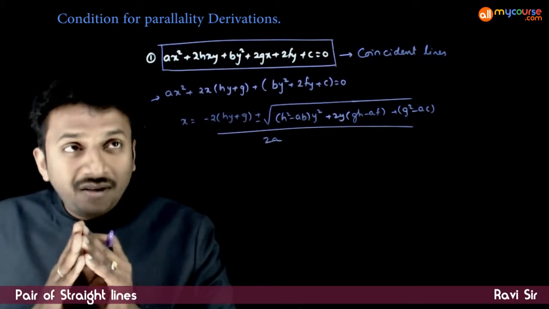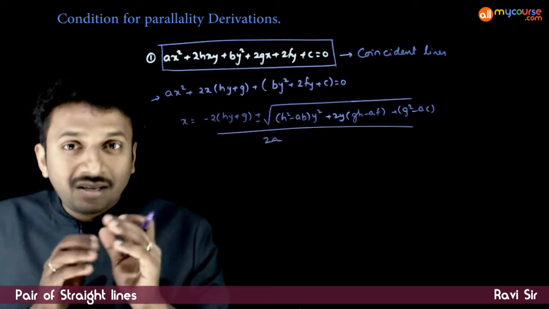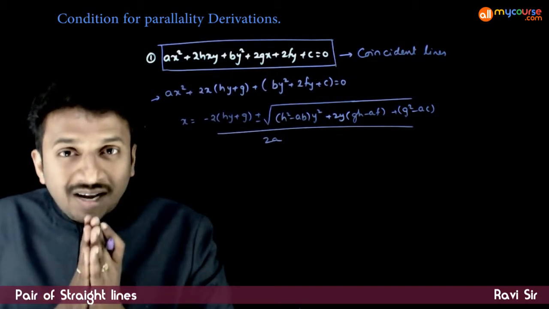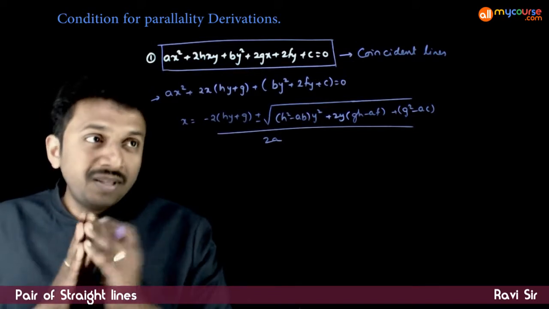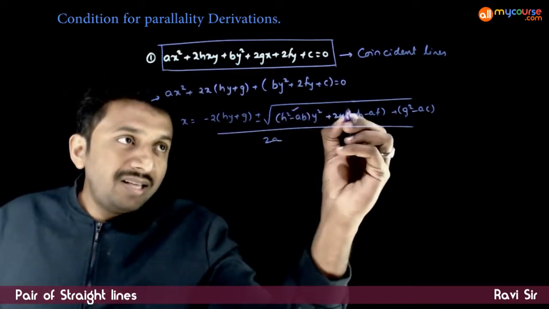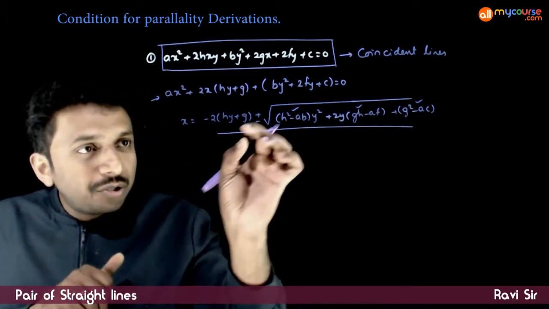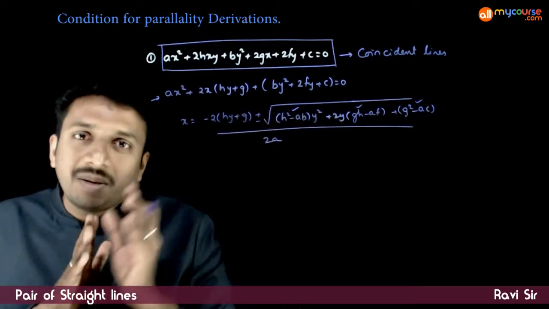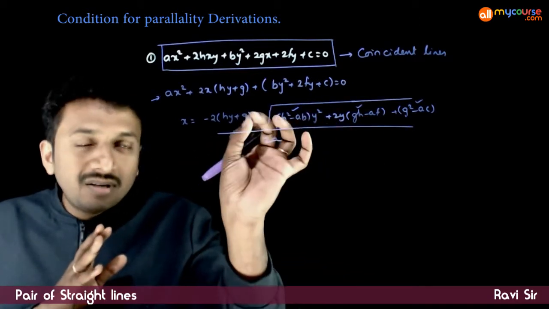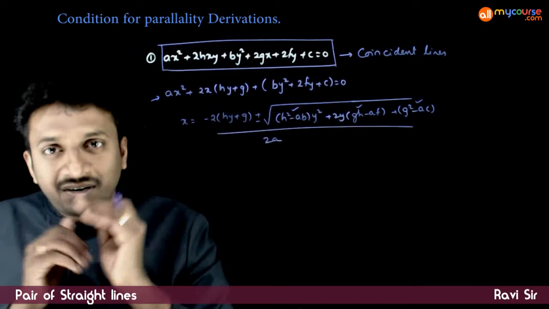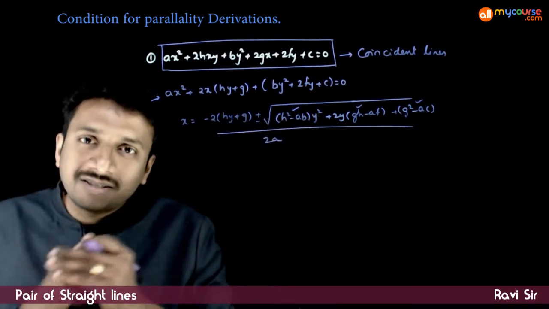Now, if this equation has to represent a pair of coincident lines, then the condition is simply that all these expressions have to be equal to 0. So I should not get any plus minus some number. If you have plus minus some expression, with plus you get a different expression and with minus you get another expression, which means two different lines.